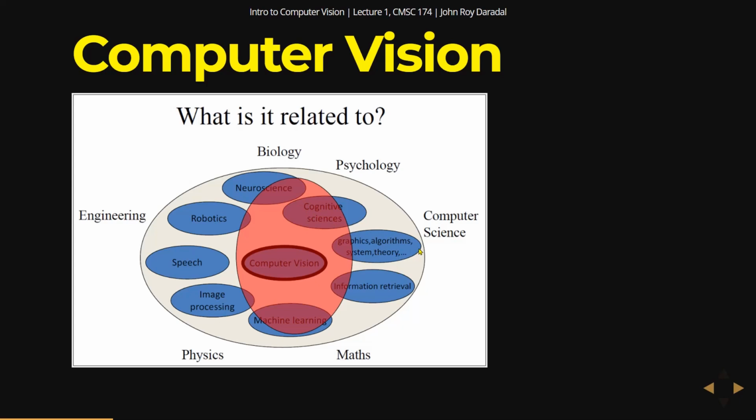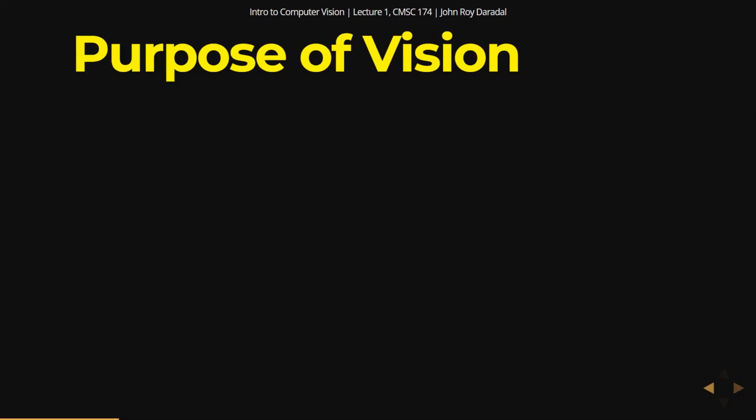And then of course for computer science and math, you have the machine learning part, the algorithms, the graphics and systems and theory. That would also come in handy as well. And then from physics, you have the image processing, and then for robotics, for engineering, it's also related because, of course, some robots would need vision for them to be able to function fully, right? So it's related to a bunch of other fields as well.